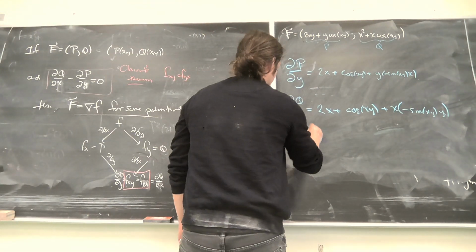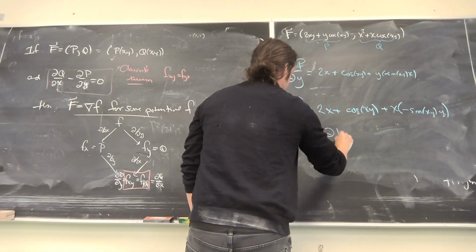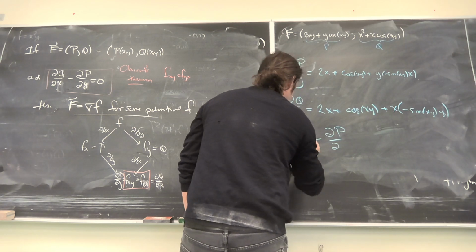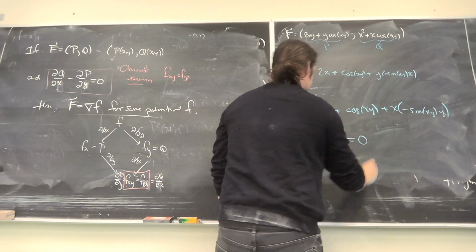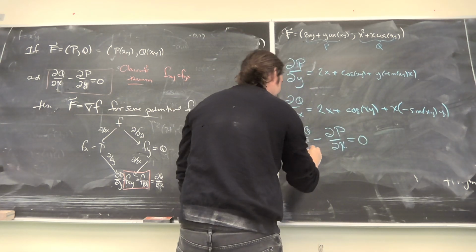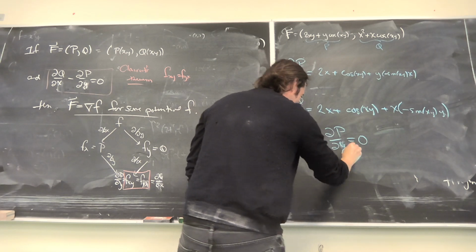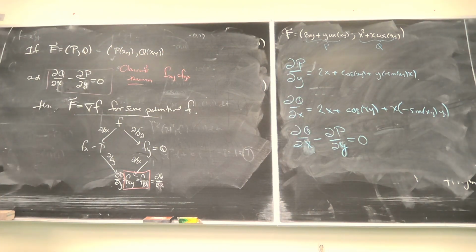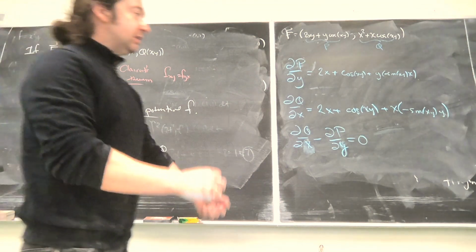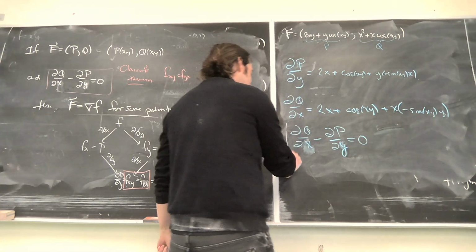So dq dx minus dp dy is equal to 0. Sweet, okay, so now we're all excited because that means we did it. We checked the thing.